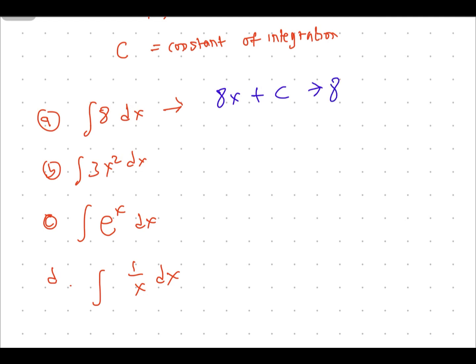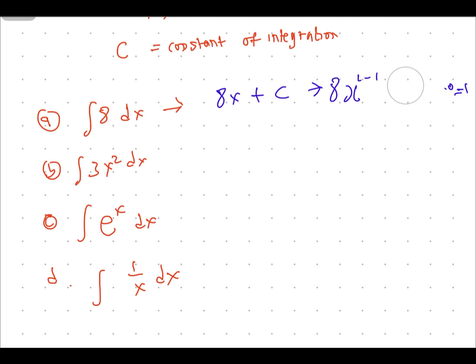We are going to get 8x to the power 1 minus 1, and then the differential of a constant is what? 0. Therefore, 1 minus 1 is what? 0. So we are going to get 8x power what? 0, which is equal to what? 8, since x power 0 is equal to 1. Therefore, the answer that we got here is correct. So this actually confirms the answer that we have gotten from the integration.